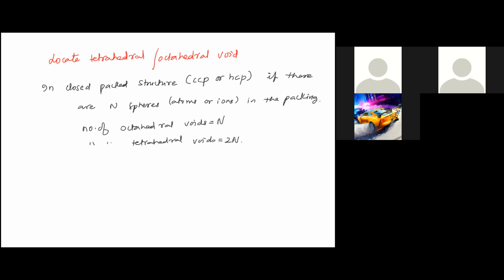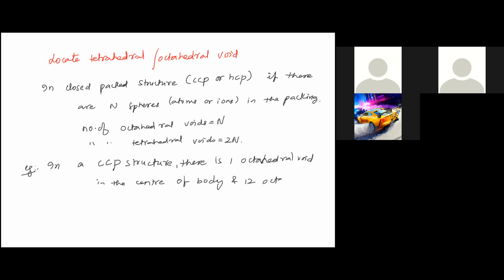For example, in a closed cubic packing structure, there is one octahedral void in the center of the body, and there are 12 octahedral voids on the edges.